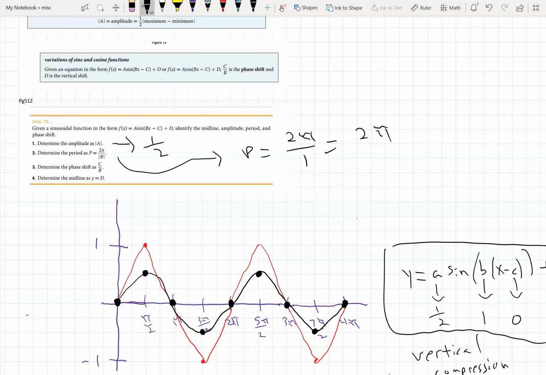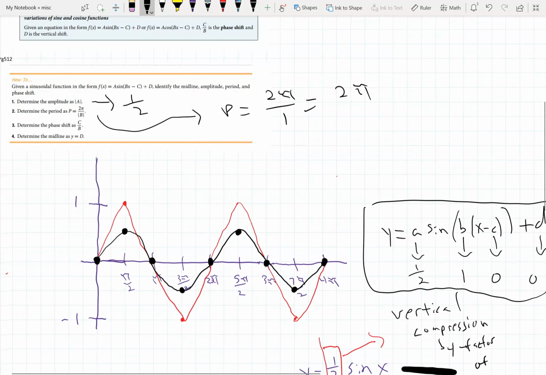Our phase shift is c divided by b. Well, our c is 0, so there's no phase shift. The phase shift is the horizontal change. We didn't change horizontally, so our phase shift is 0. The midline is y equals d. The midline is the line that splits us in half. Here you can see that's the x-axis. That is the line y equals 0.